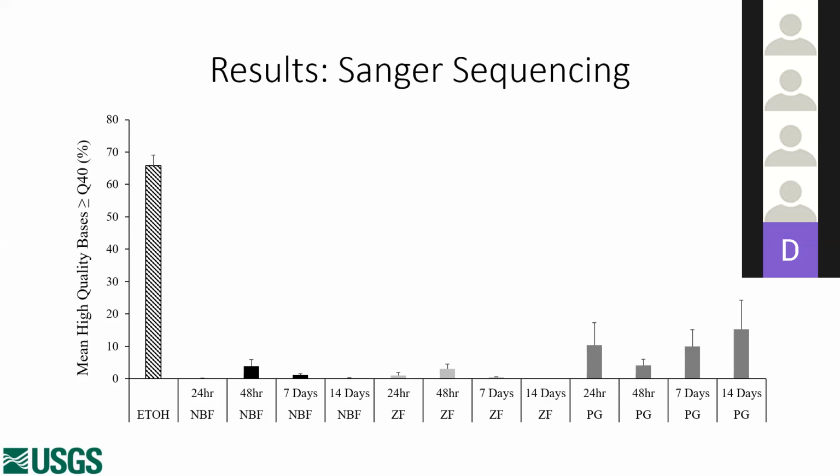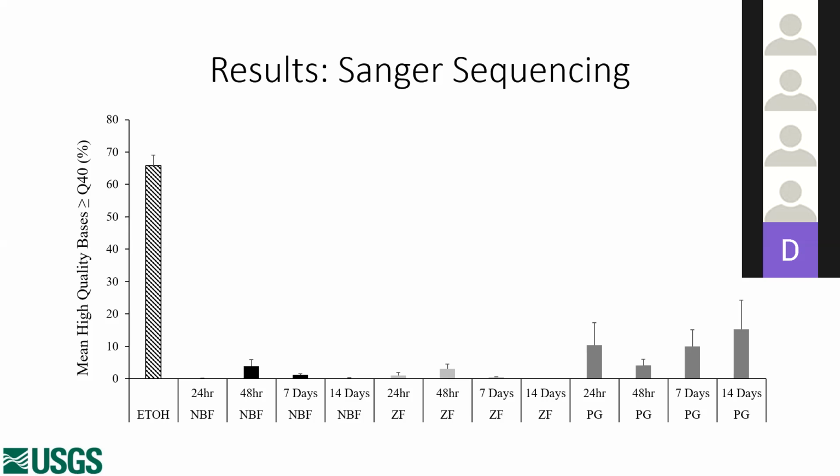For Sanger sequencing, the mean high quality bases with a Phred score of 40 or higher, so this is the percentage, ethanol samples were much greater. So in other words, their sequences were of much higher quality than the samples in the preservatives, and that is definitely to be expected.